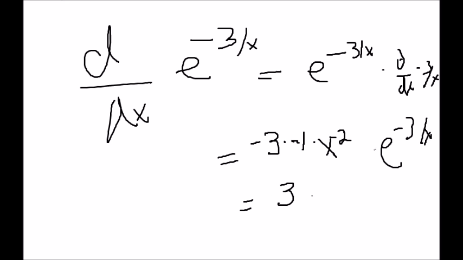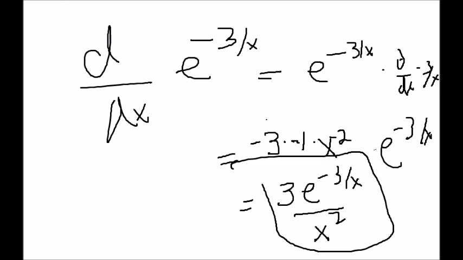So this will be 3 e to the negative 3 over x over x squared. Boom. Okay.